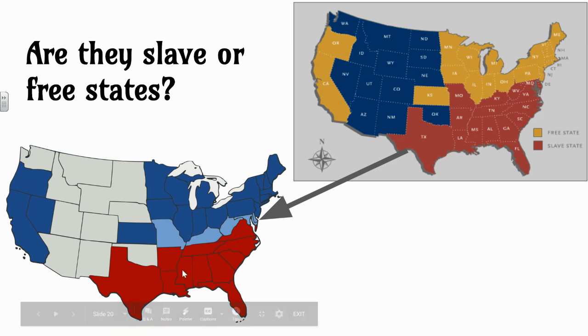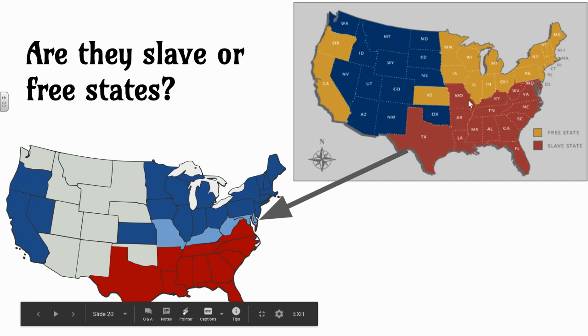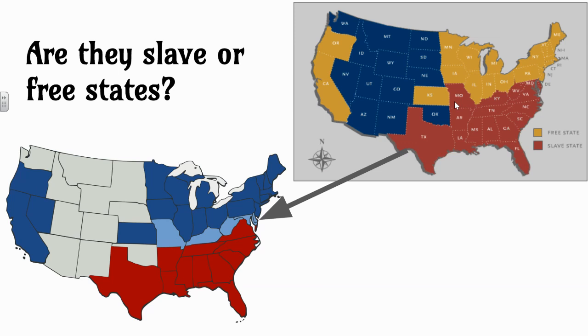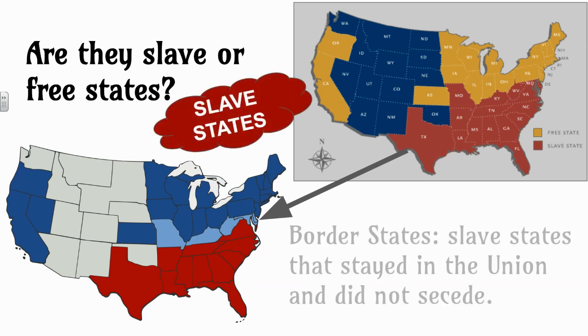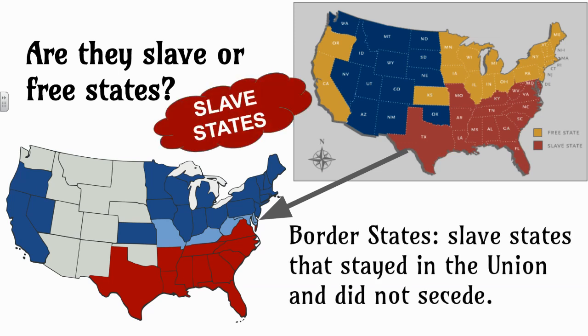If you look, you can kind of see a matchup here with this one, with Missouri over here. So you can see that all of these light blue states, they are slave states. But what makes them unique, what makes them different than the other slave states, is that we call these states border states, because these slave states decided to stay with the Union when those 11 states seceded.